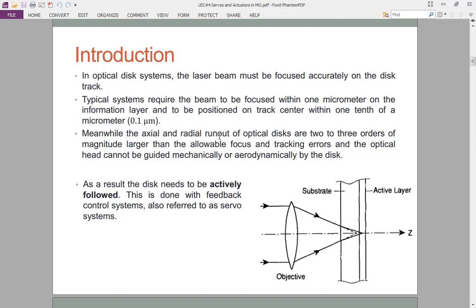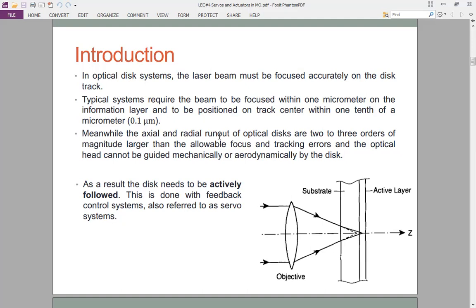At the same time, for axial movement, you have a disc that is rotating, which means it can move up and down. And the moment it moves up and down, the focus of the laser is interfered with.